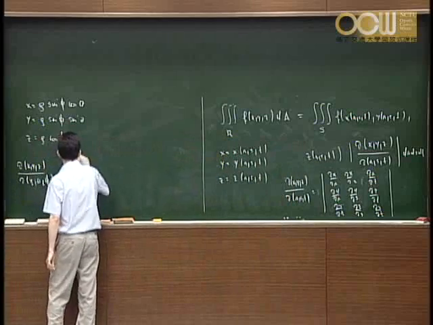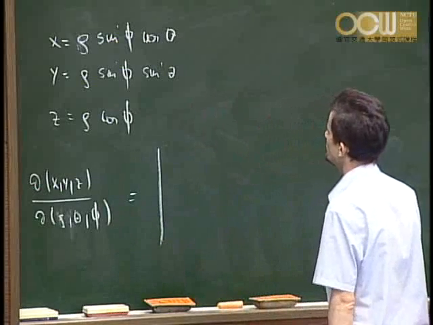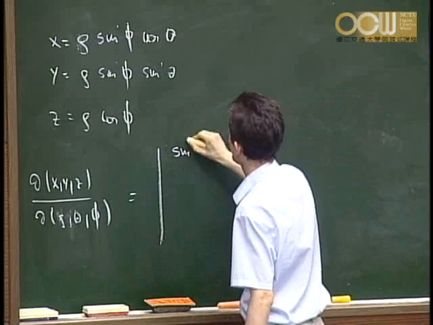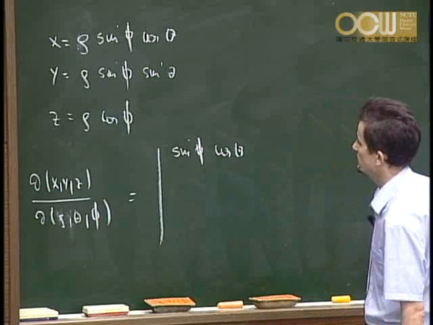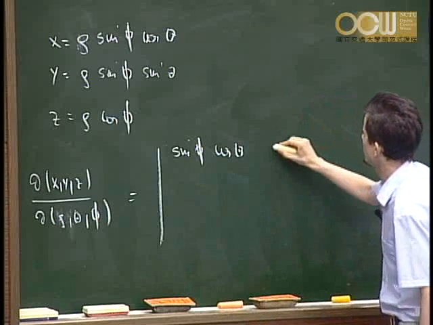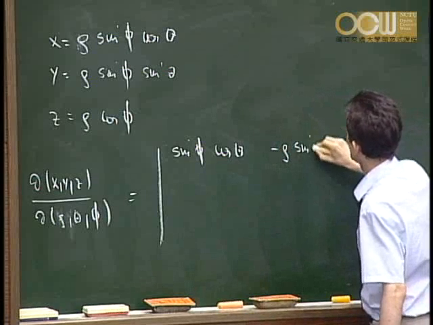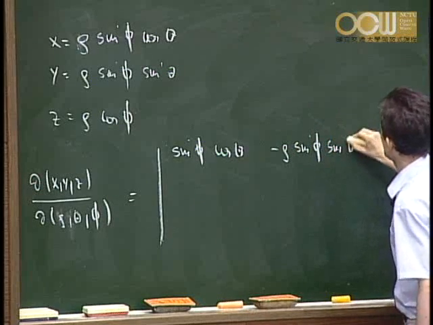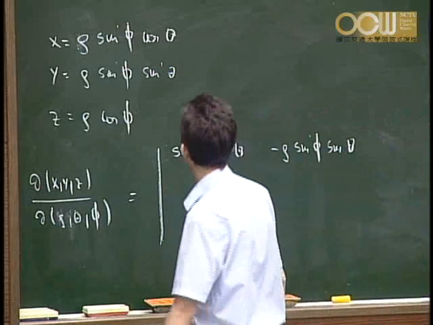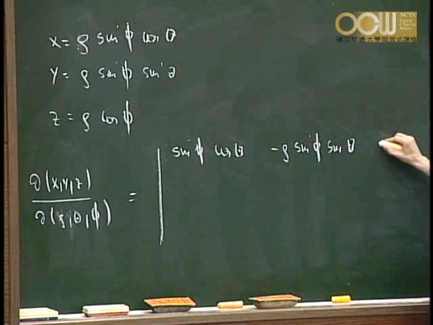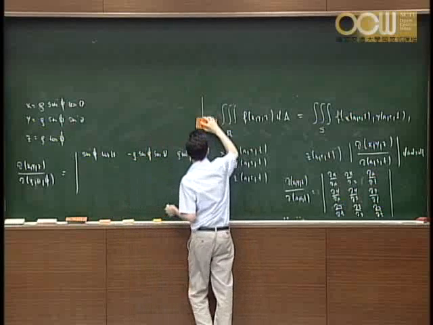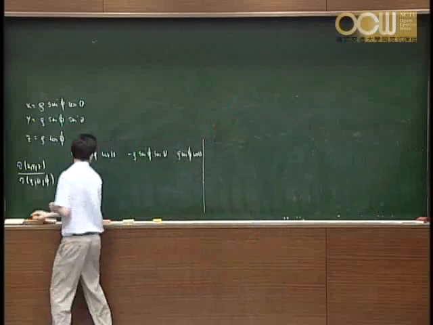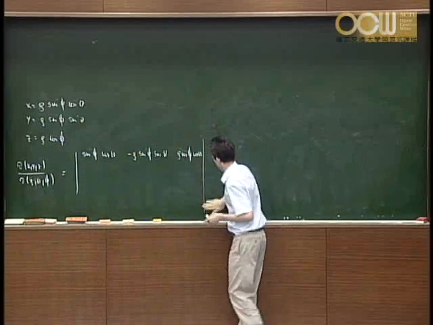Okay, so I have the determinant. Now x with respect to rho: we have sine of psi, cosine of theta. Then x with respect to theta: we have minus rho sine of psi, sine of theta. And x with respect to psi: we have rho times cosine of psi times cosine of theta. Okay, this is the first row.